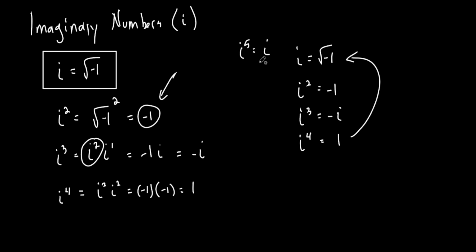You with me on that? And then it just keeps repeating that pattern. So what's I to the sixth going to be? Same thing as I to the second, right? Just negative 1. Basically, we just take an I to the fourth out of it, because that's a 1, and what am I left with? I squared. I squared is negative 1. What about I to the seventh?